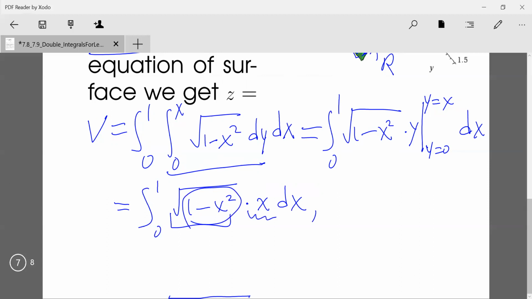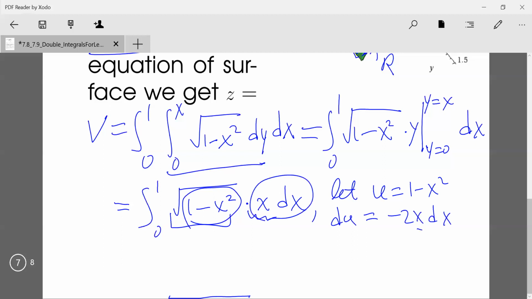So we can let u equal to 1 minus x squared as a change of variable, and then calculate du, which is negative 2x dx. Notice that x dx appears here, so we can solve for x dx.